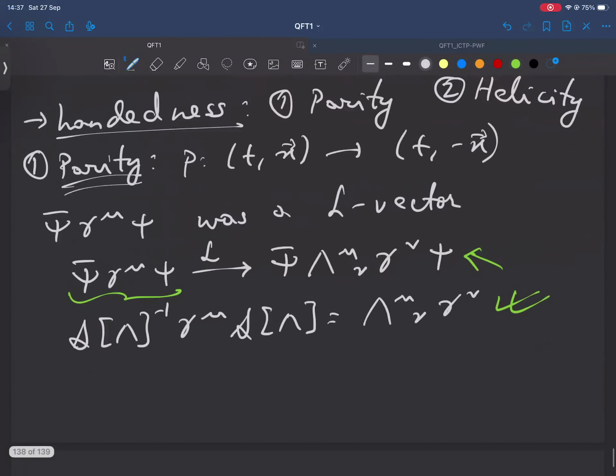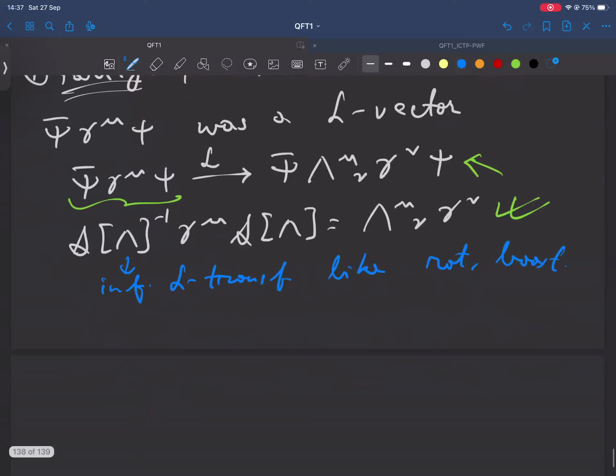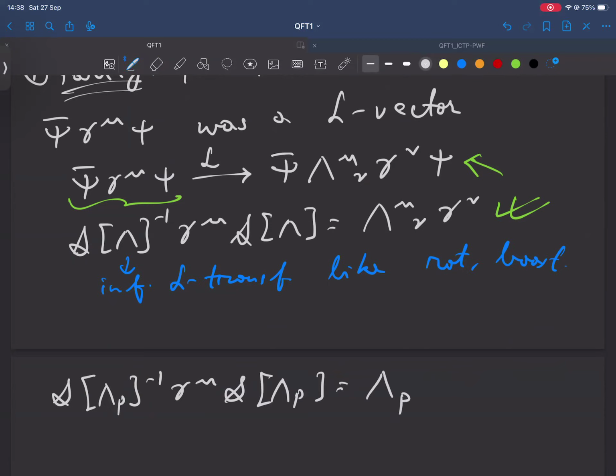So now we want to argue something similar for parity. Previously this lambda was just any infinitesimal Lorentz transformation, like rotation and boost. But now we also want to do the same for parity, so we should have this kind of a transformation for parity also, with lambda P and gamma nu.